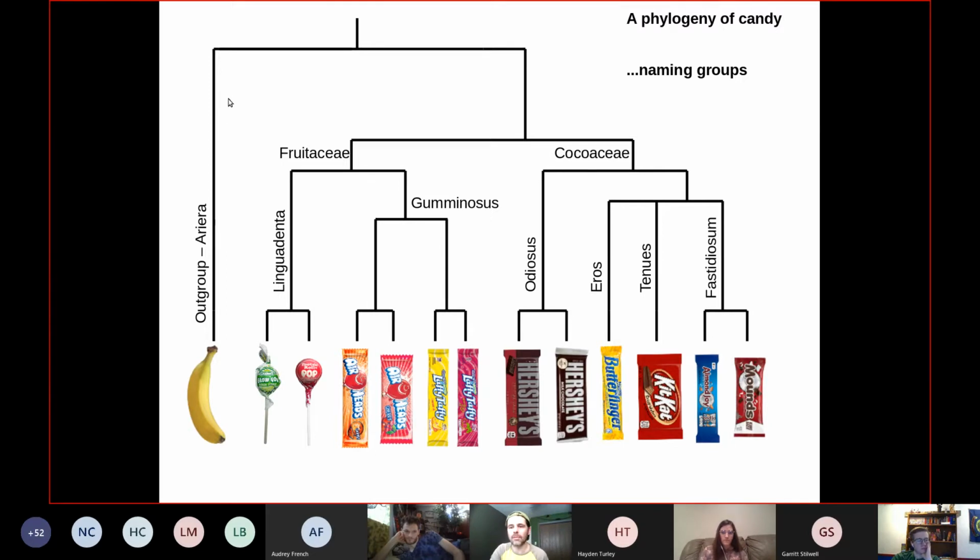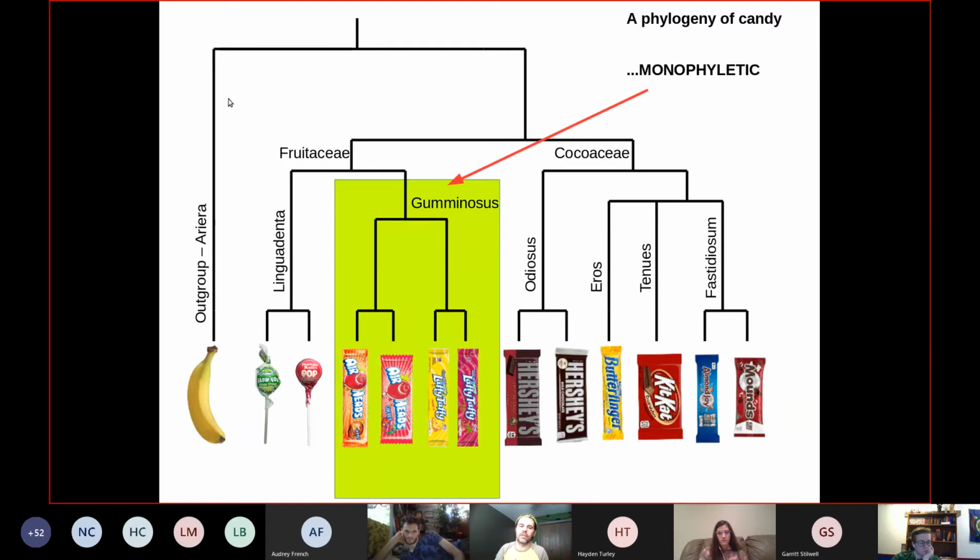Now, some clades are monophyletic, some are paraphyletic, some are polyphyletic. This is a monophyletic clade, Guminosus, and that's everything downstream from the branch point, including all these hypothetical ancestral species. Okay. So is Linguadenta monophyletic?